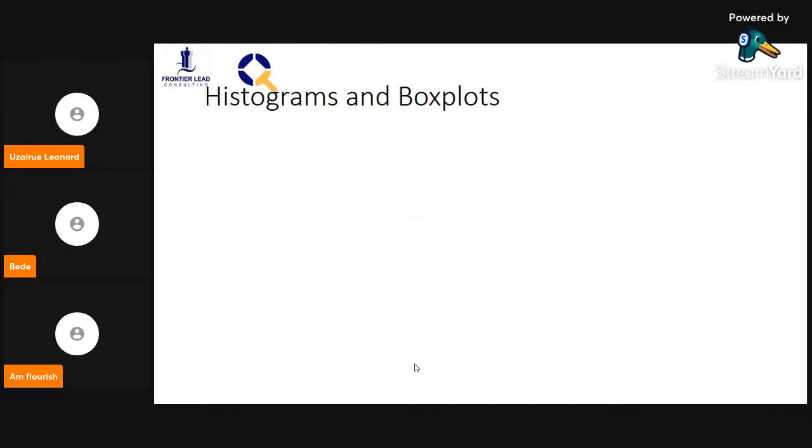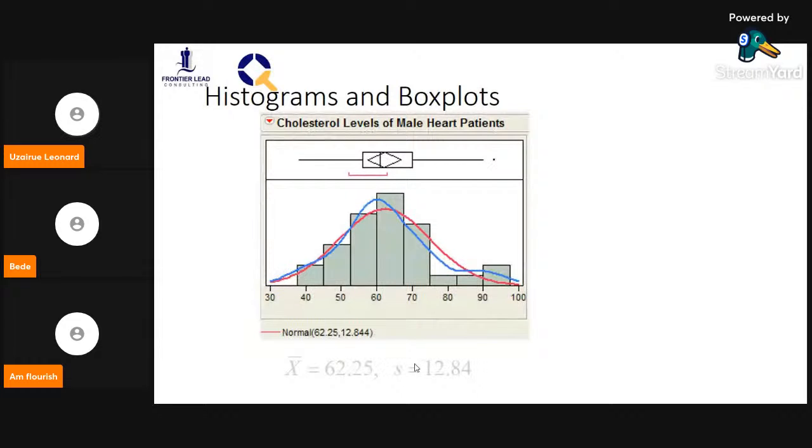Now, when we talk about box plot, this is a histogram. This is a histogram. And this is a box plot. Now you can see that this is actually the cholesterol level of male heart patients. We're talking about the cholesterol level of male heart patients.